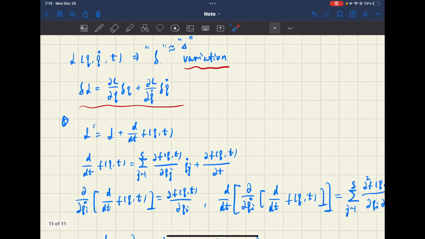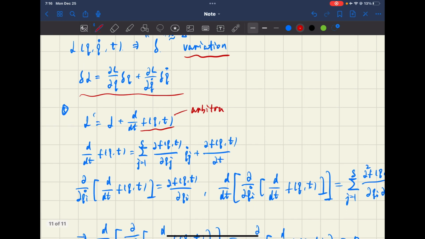L and another L' differ in that L' is L plus the total derivative of an arbitrary function f which is related to q, the generalized coordinates, and time. This one is arbitrary. As long as the function is related to q and t, it can be here. So these two Lagrange functions differ by a total derivative of an arbitrary function related to q and t.